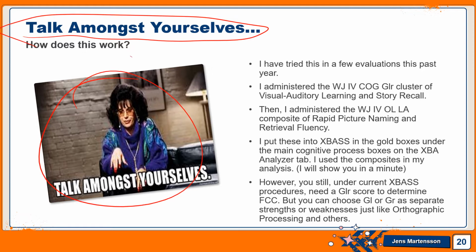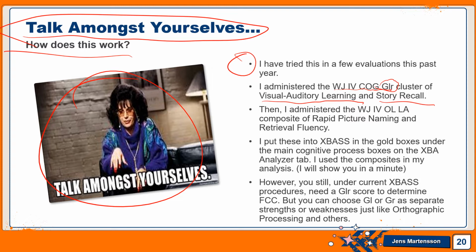All right, how does this all work? So I actually tried this. I've actually done this, and I've tried it on a couple of kids this past year just to see how it would work. I'll give you an example in just a minute. What I did was I administered the WJ COG for the GLR cluster of visual auditory learning and story recall, which we all do, right?